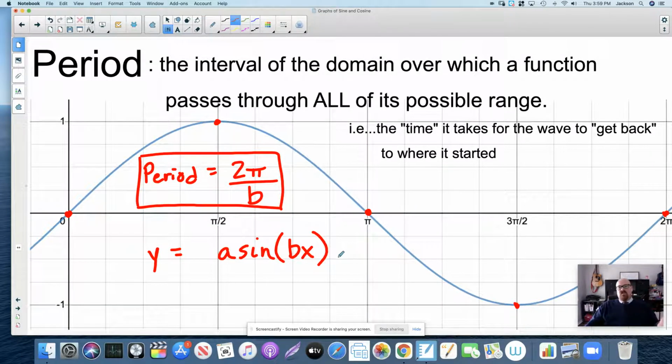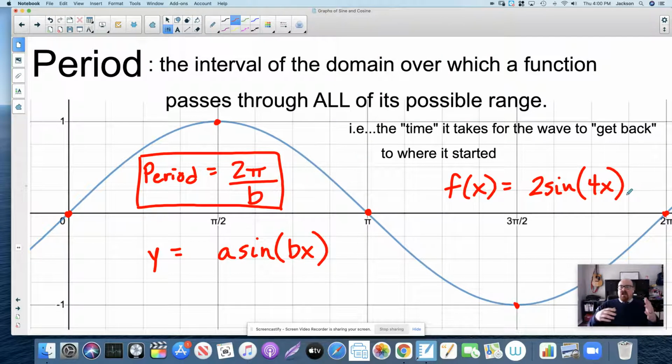Okay, so think about this for a second. When we were doing transformations, again, we talked about inside and outside transformations. Inside transformations were what occurred inside the parentheses of the function, and it was always opposites day, right? So think about if b was a really big number, right? So let's look at a function, and we can throw this up in Desmos here in a second. Let's have the amplitude be 2, just because we're being difficult, and let's have b be 4.